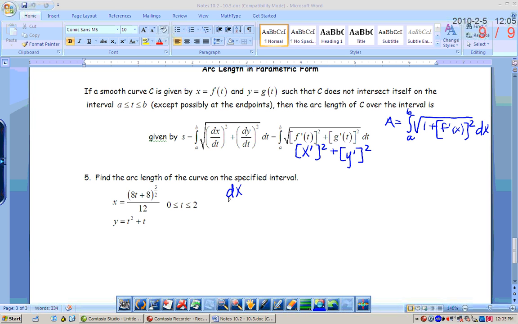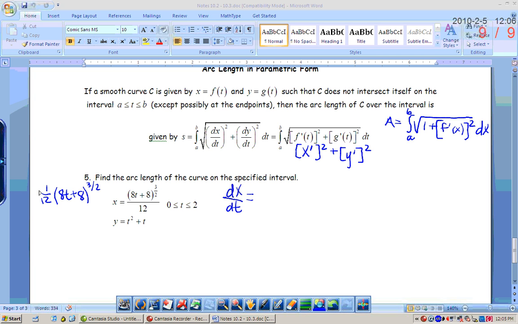So dx/dt is going to be, that's kind of scary, 1/12 times, we can rewrite x as 1/12 times (8t plus 8) to the 3/2.